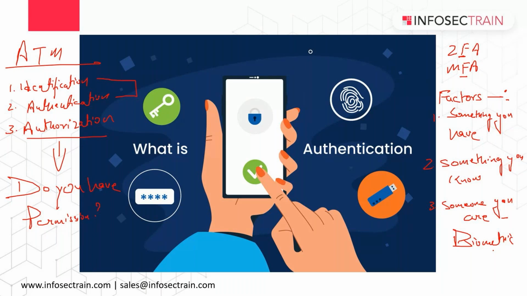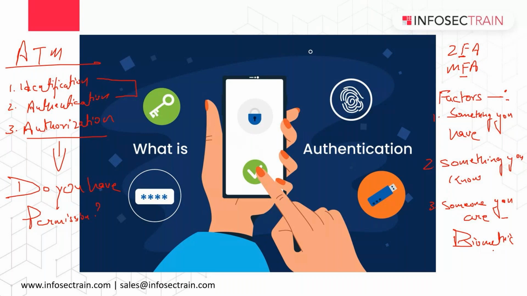All these scanners come under someone you are. That's your physical identity by which I can identify you. Every person's fingerprint is different, every person's iris is different, every person's retina is different. So that is someone you are.